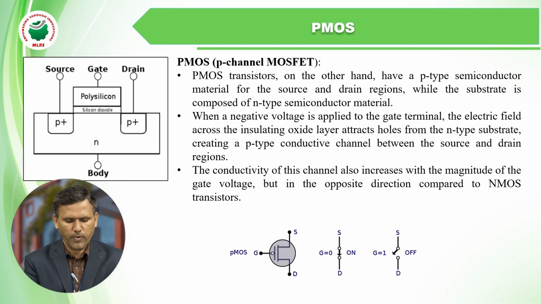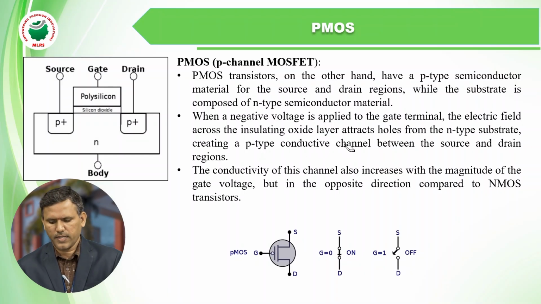When a negative supply is applied to the gate, the electric field across the insulating oxide layer attracts holes from the N-type substrate, creating a P-type conductive channel between the source and drain regions.